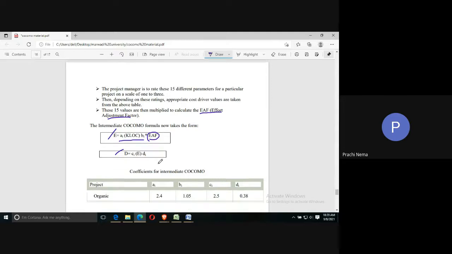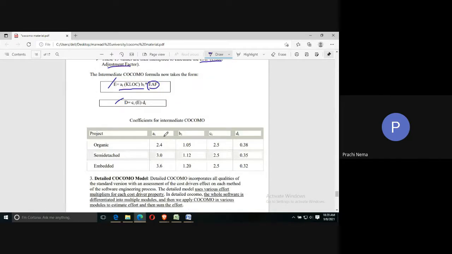This is how you can calculate it, and the values of the constants ai, bi, ci, di for each type of project have been listed in this table. Like you studied in basic COCOMO, similarly for intermediate COCOMO you will have these three categories, and you can use the respective formula with the proper coefficients.